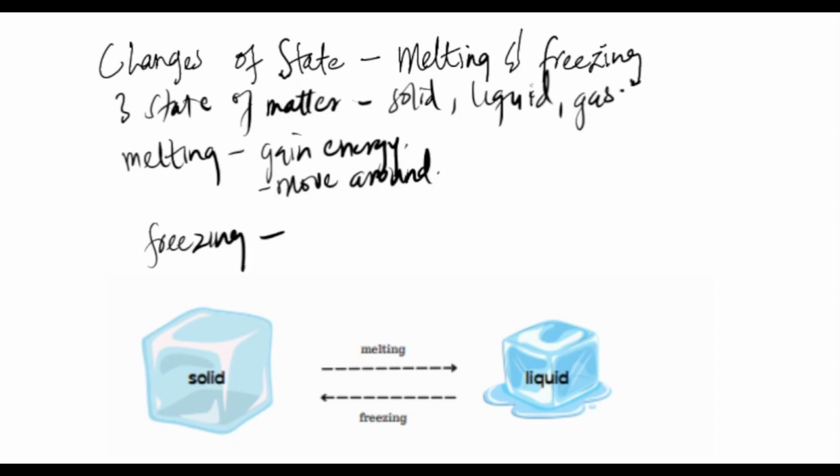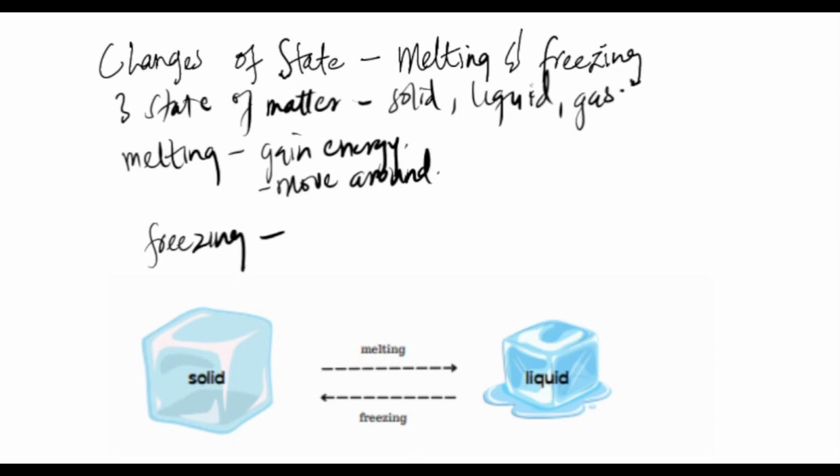freezing is basically the opposite of melting. So when we take freezing, we know our substance is liquid, and we want to make it a solid. So what happens here is that instead of applying heat to the liquid material or substance, we lower the temperature.